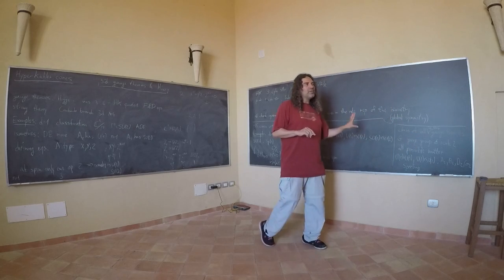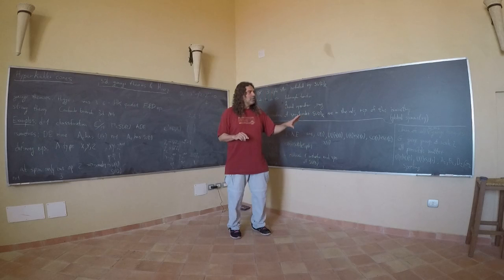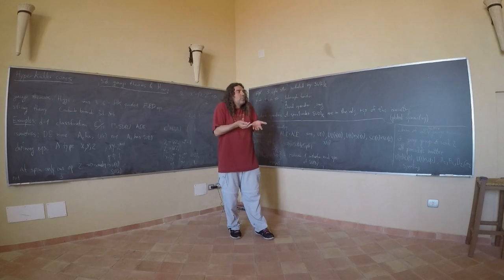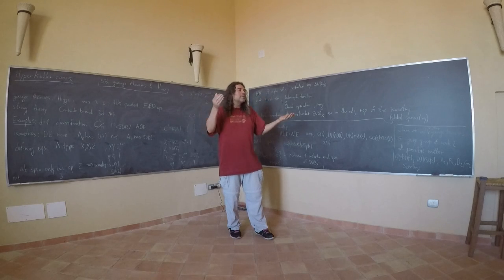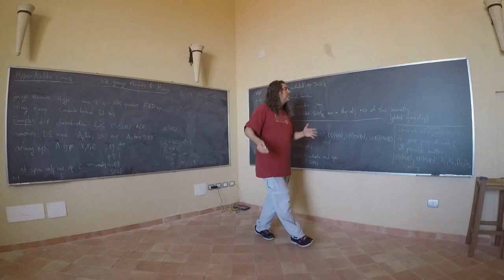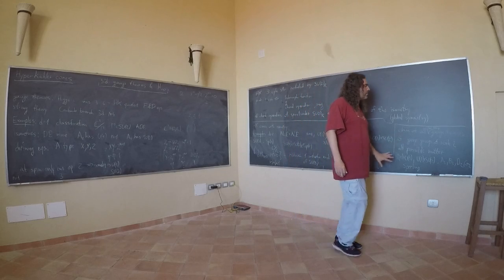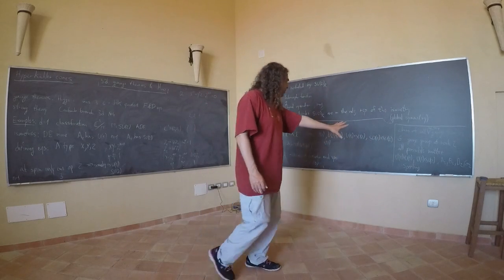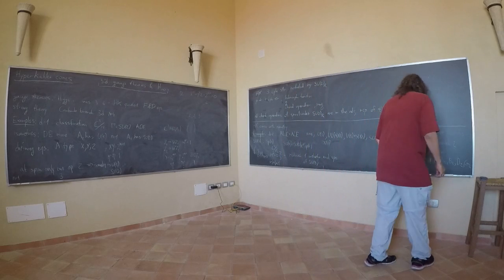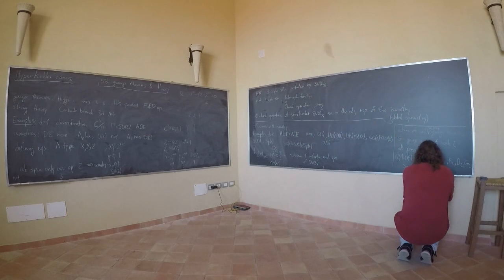It's very hard. If I give you a hyperkähler quotient, you have to compute the dimension of the moduli space. You just need to count how many vectors, how many hypers. That was my question. The Coulomb branch is a hyperkähler space of dimension 2.